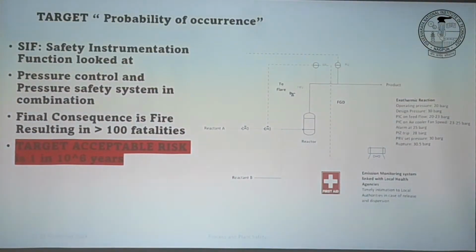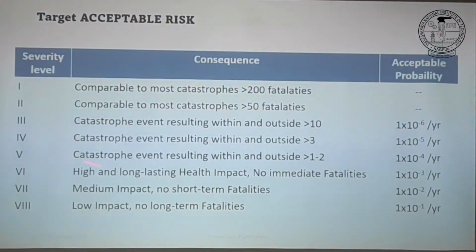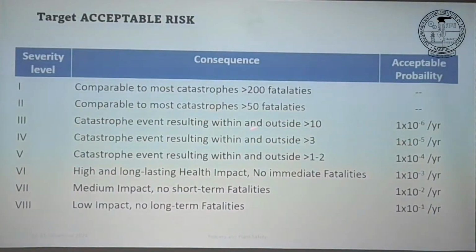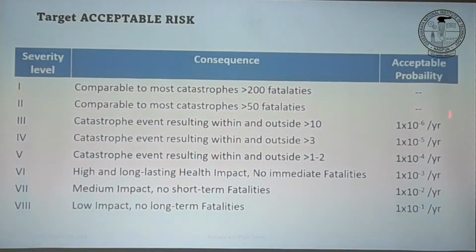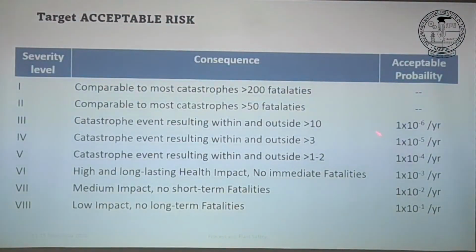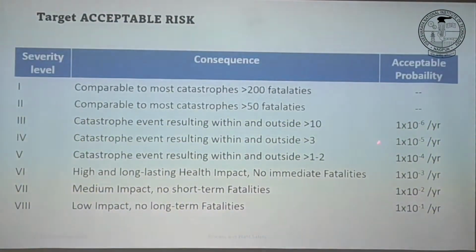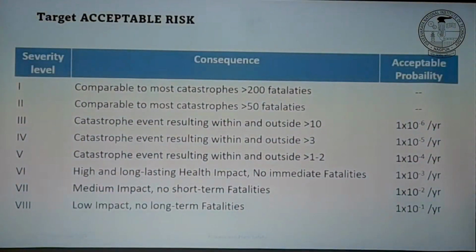Because this plant is located in a nearby area, for whatever reason. And we say from this table, we have more than 100 people dying. So our acceptable risk is somewhere here, this class. That means for this fatality happening, our acceptable level would be 1 in 10 to the power 6 years.